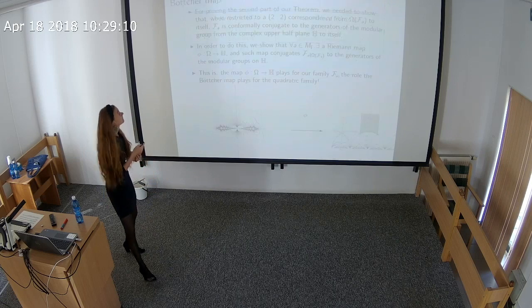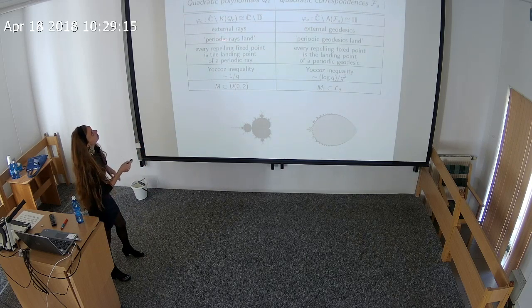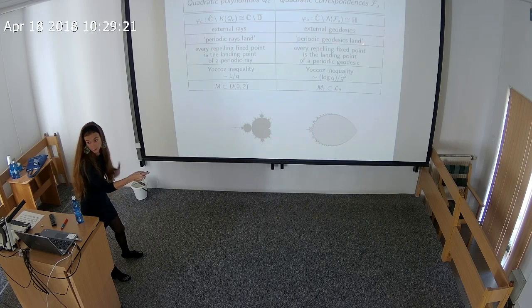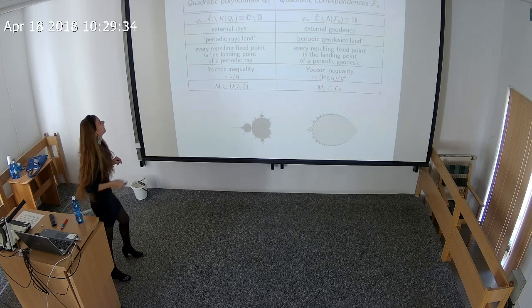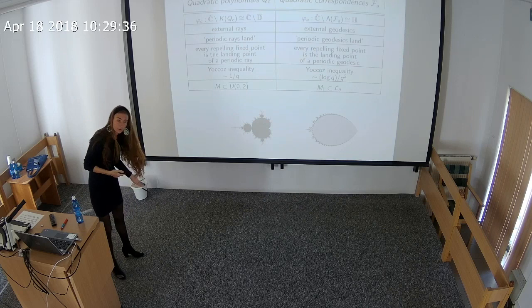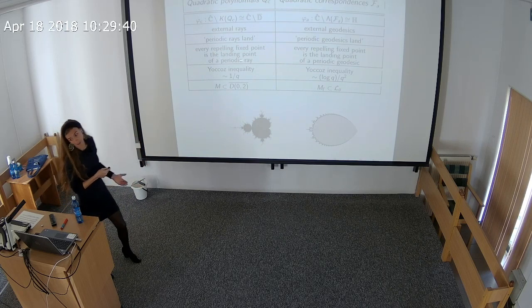Periodic rays land in the polynomial setting, and periodic geodesics land in our setting. The geodesics which are periodic are those that come back, under the modular group. And in the polynomial world, every repelling fixed point is the landing point of a periodic ray.